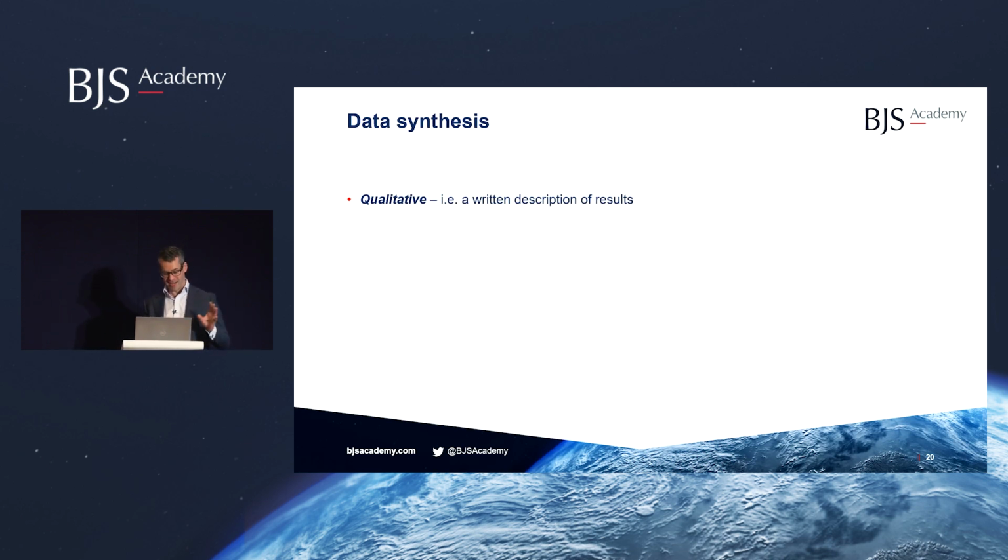But a narrative qualitative approach might actually be far more valuable, and bring far more strength of conclusion than being obsessed about doing a quantitative meta-analysis. So that's a written description of the results, your appraisal, your professional judgment of the results as they stand. And you can still tabulate things, but you're not putting those results together.